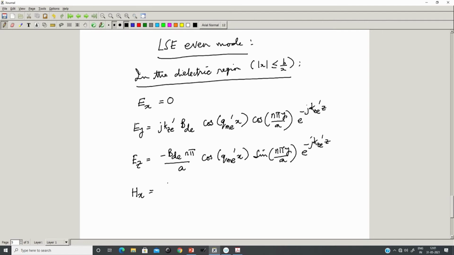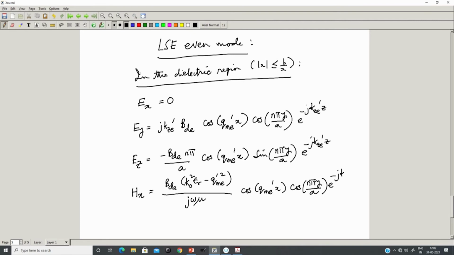H x is B d E k naught square epsilon r minus q m E prime square by j omega mu cos q m E prime x cos n pi y by a e to the power minus j k z E prime z.